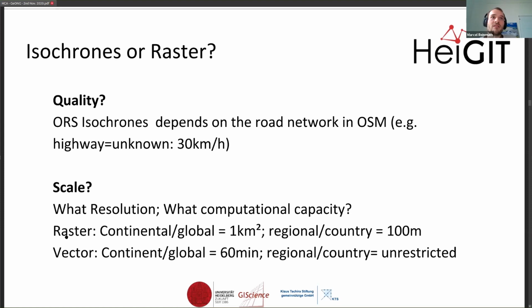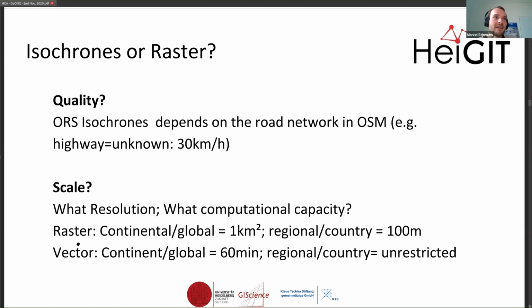If you have a region where the road network is there, but the weights, the speed limits associated with the roads does not reflect your reality, you can build it yourself and just change the config file and associate, for instance, highway unknown is a typical tag for dirt roads, and 30 kilometers per hour might be too much in some regions, and you can just reduce it to 10, 15.